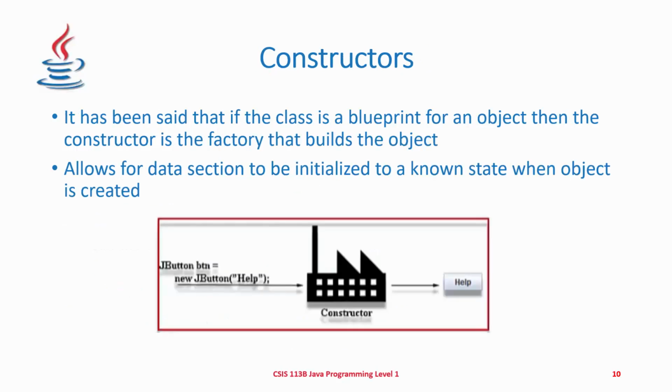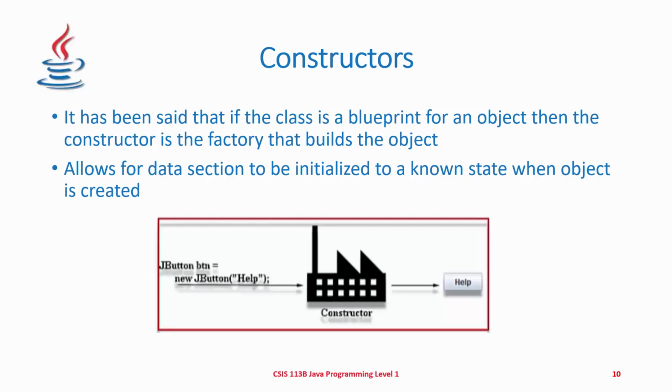And as you have seen, when you use some of the built-in classes that come with the Java SDK, in order to create a new instance of the class, which is how we generate an object, you have to call the constructor of the class.